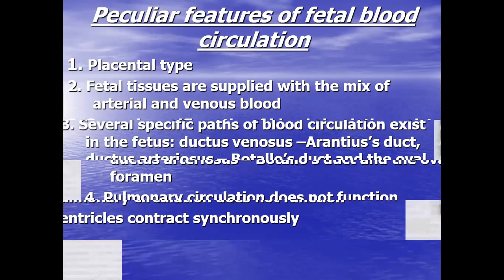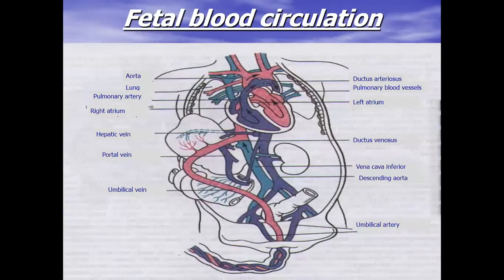On this slide, you can see the scheme of the fetal blood circulation. So the arterial blood collecting from the villi of placenta enters the body of the fetus via the umbilical cord. Here it has a red color.